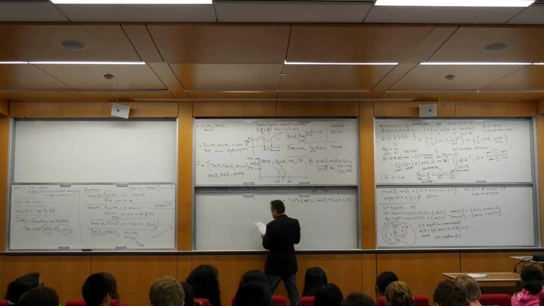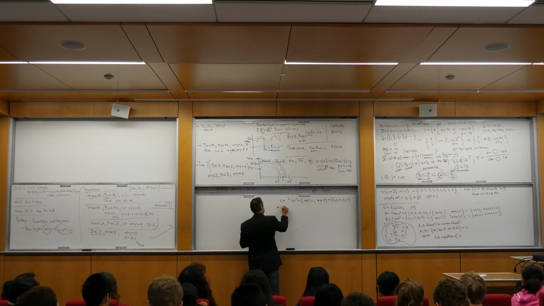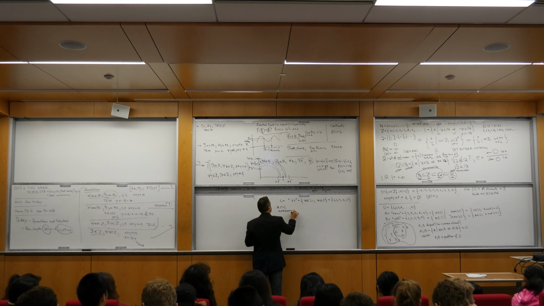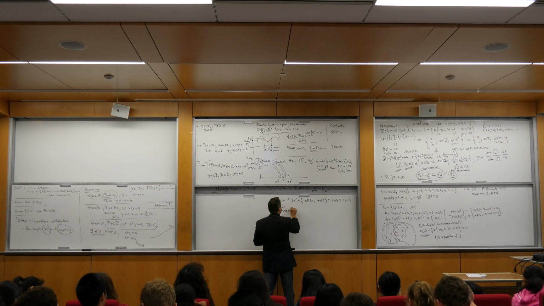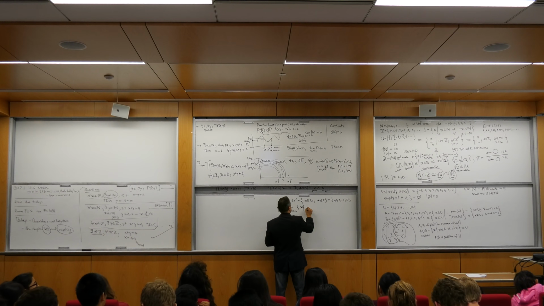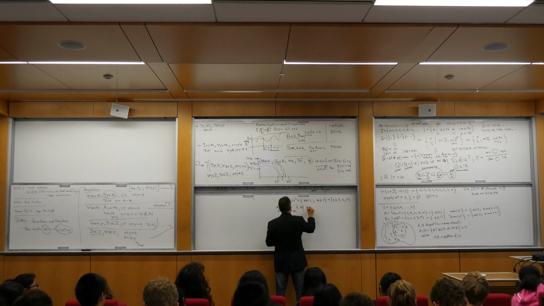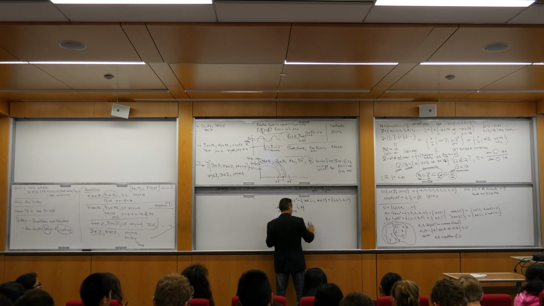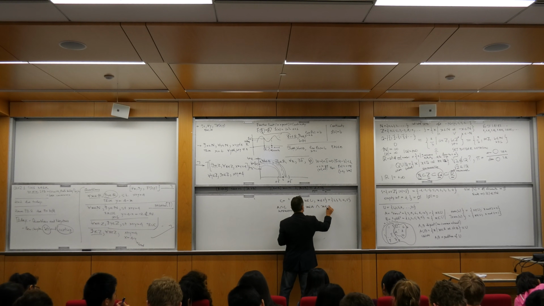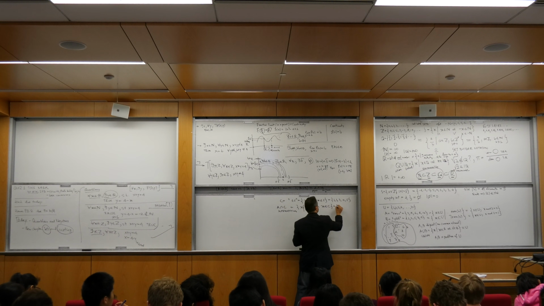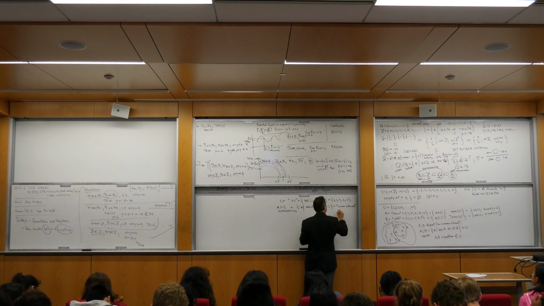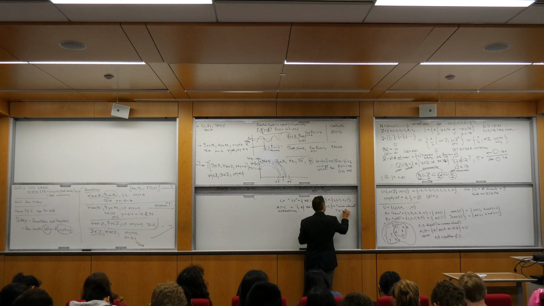So now, who's A intersect C? Let's call it intersection. And it means what? All the elements that are in both sets. You can also read it as common elements or in both sets.